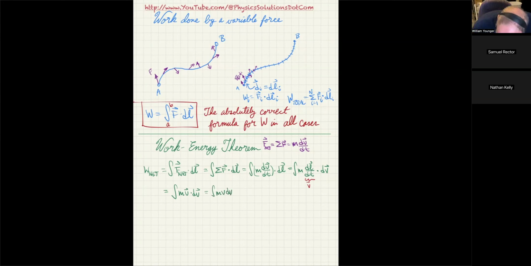The integral of mv dv is 1/2 mv squared, and since I'm integrating in v, the limits of integration are v initial to v final. What we get is 1/2 m v final squared minus 1/2 m v initial squared.